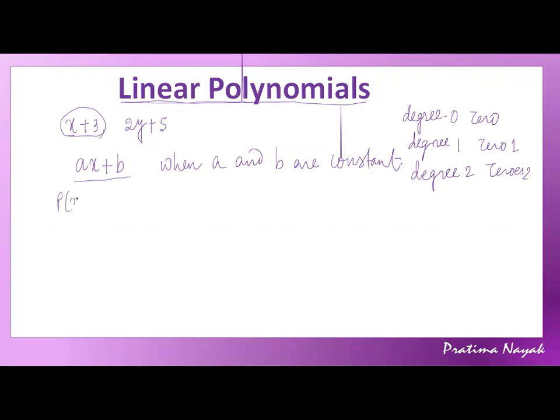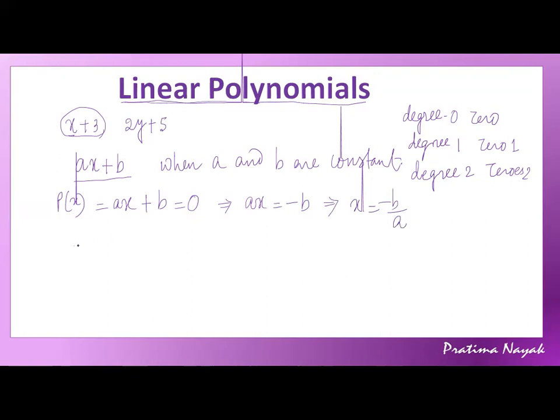So p(x) is equal to ax plus b. This becomes 0 for which value of x? When ax is equal to minus b, or when x is equal to minus b by a.